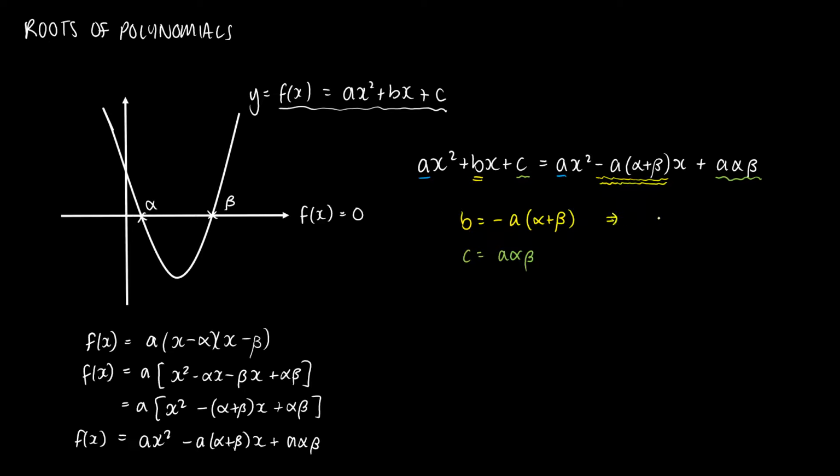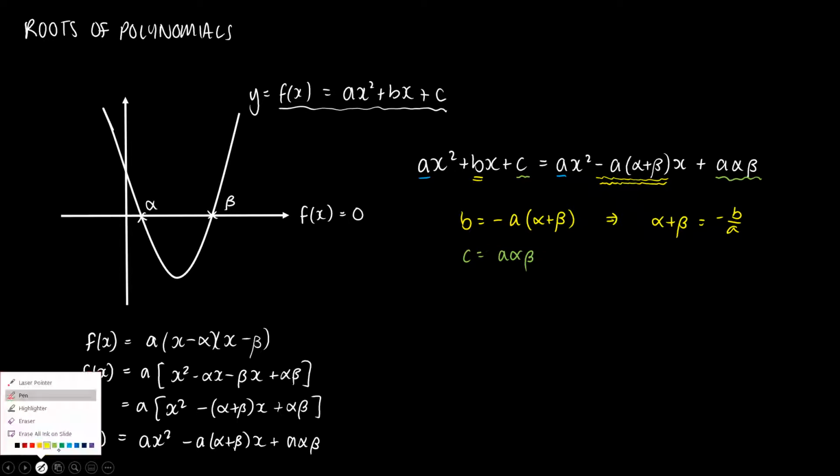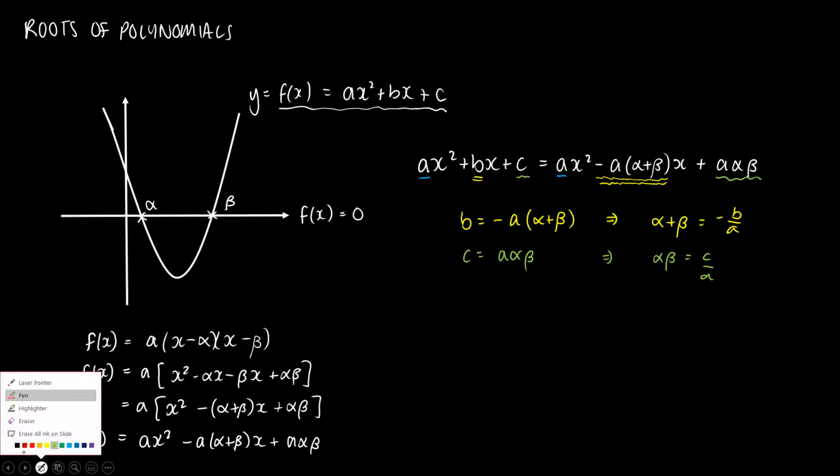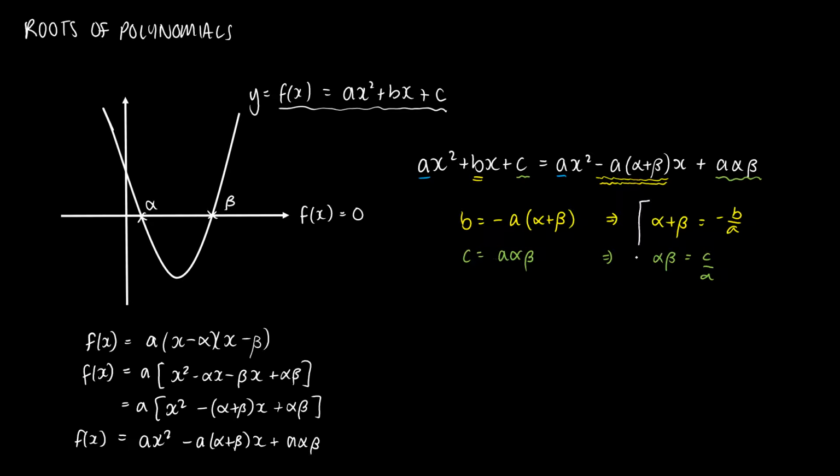If we rearrange this here, alpha plus beta is minus b over a. And likewise, alpha beta, so the product of your roots, is c over a. And for a quadratic, these are the two equations we are interested in.